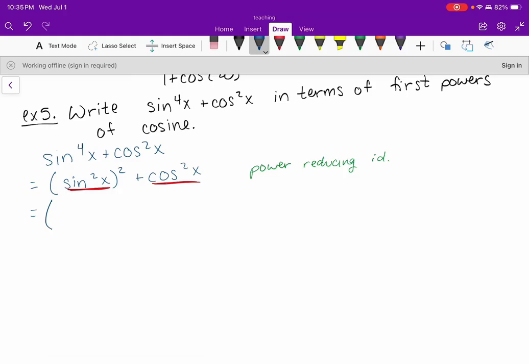Sine squared x is equal to 1 minus cosine 2x divided by 2, and that is still squared. My cosine squared becomes 1 plus cosine 2x divided by 2.